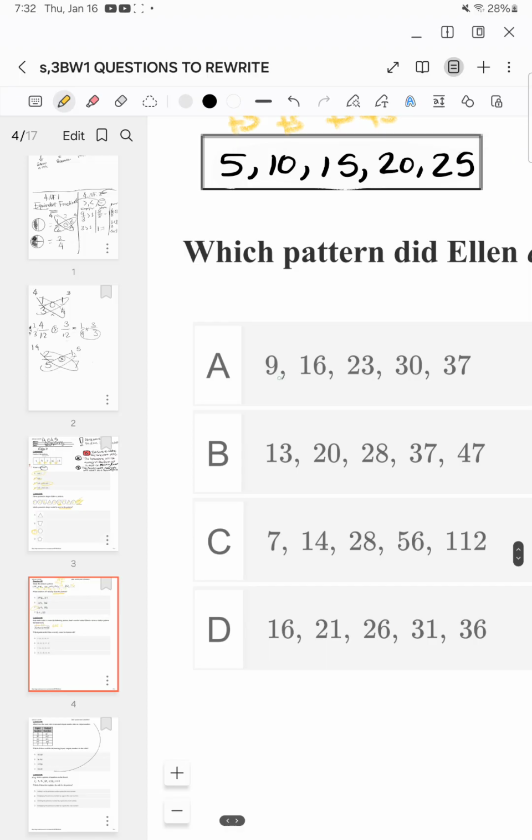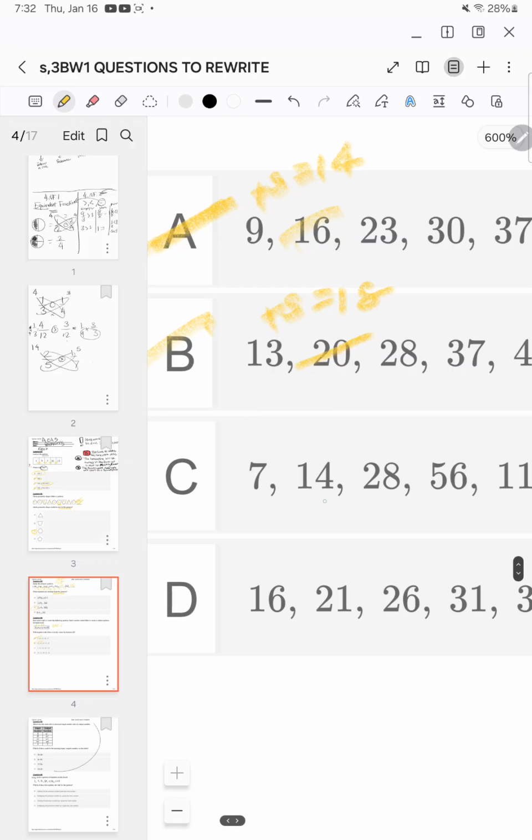If I look at A, 9 plus 5 is 14, right? And not 16, so that's wrong. 13 plus 5 is going to be 18. And not 20. So again, these aren't following the rule. Now if I look at 7, 14, 7 plus 5 is actually equal to 12, not 14.